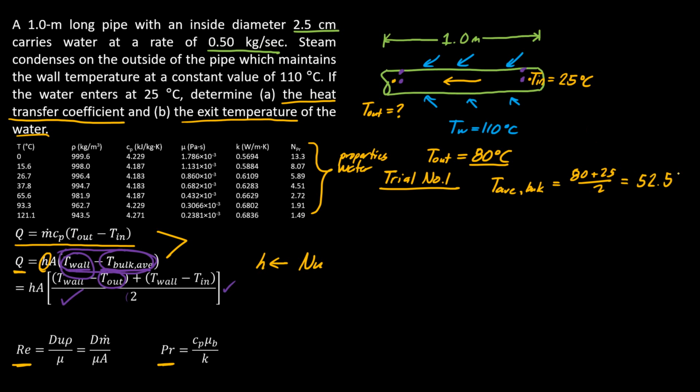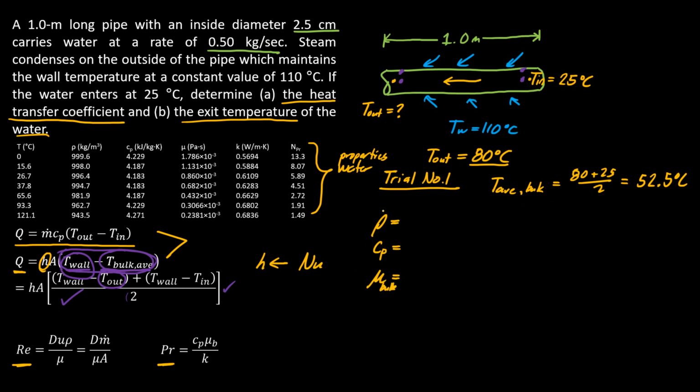So why do we need to take the average of the entering and the exiting? Because that allows us to obtain properties of the water at the average temperature.